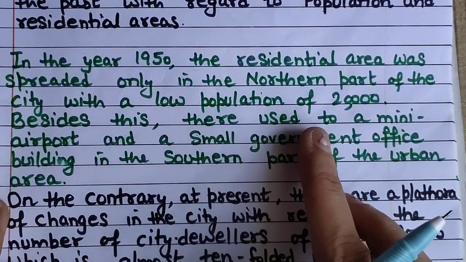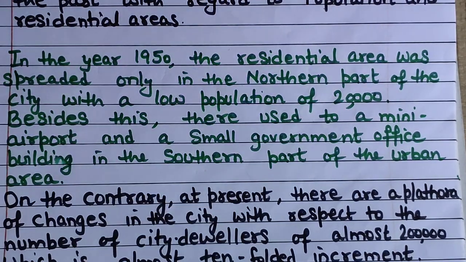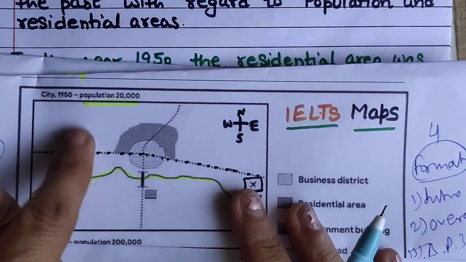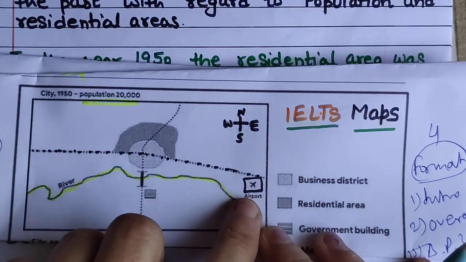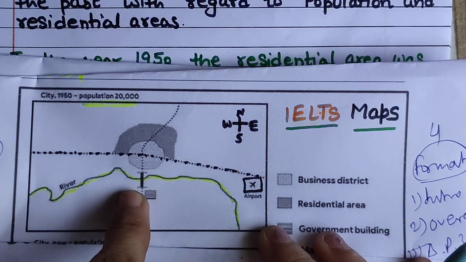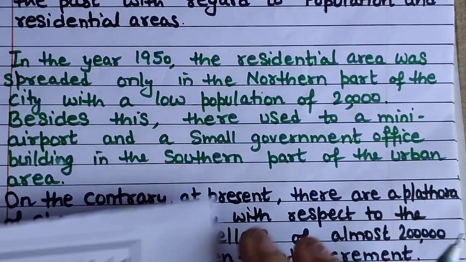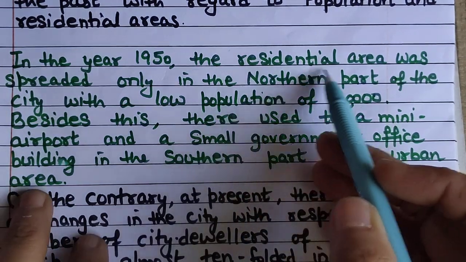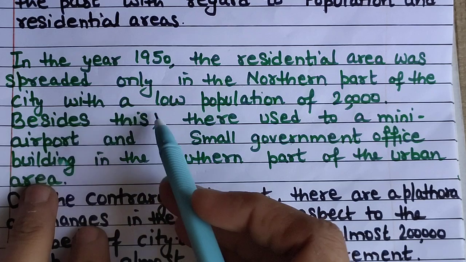Besides this, there used to be a mini airport. So I am writing about the mini airport also. So look at the map and you will come to know. So this residential, this business district, this airport and road and one bridge, only one government building is there, and these two roads are there. So residential area was spread only in the northern part of the city with a low population.